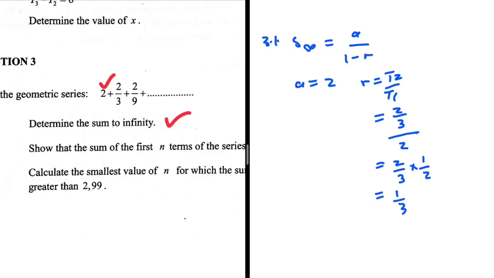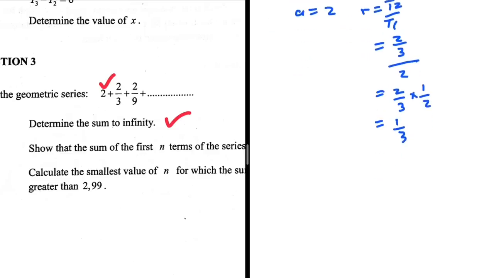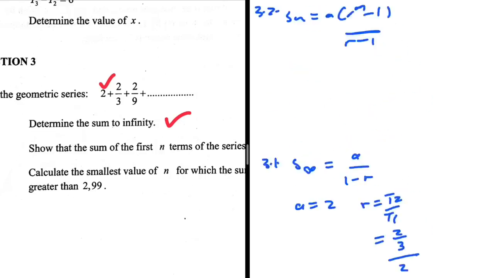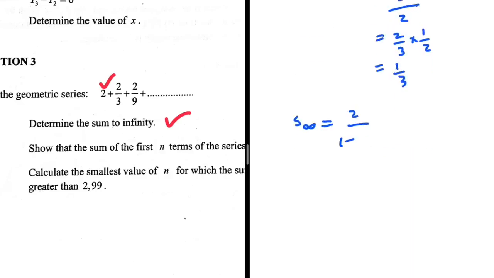So here we go. We have a, we have r. We can go ahead and then say that the sum to infinity is equal to a, which happens to be 2, divided by 1 minus r. r is equal to 1 over 3. So we have 2 divided by 2 over 3.